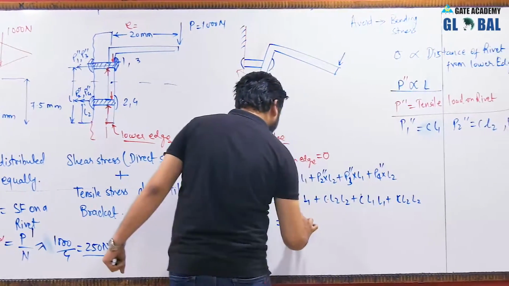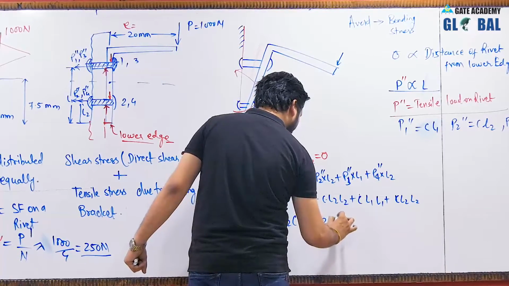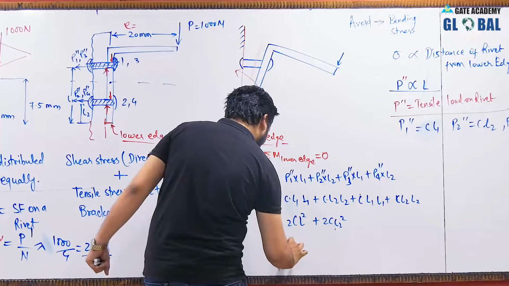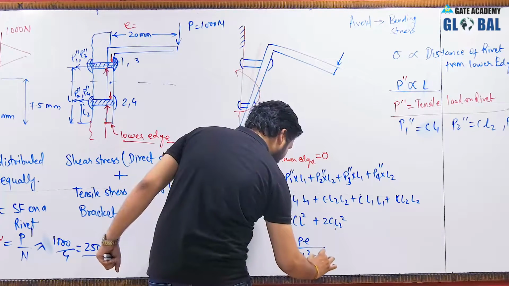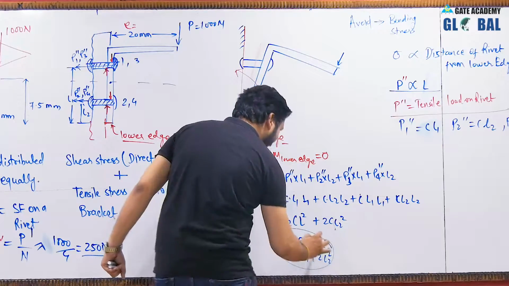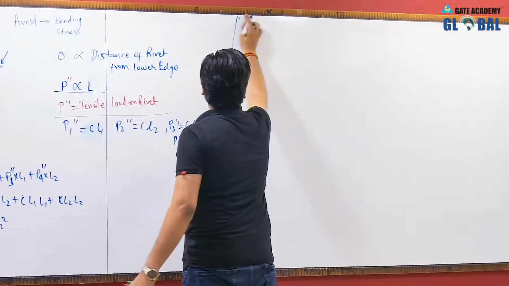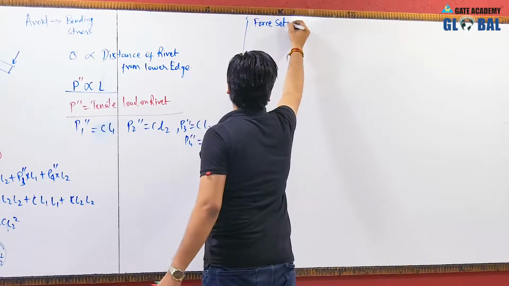So this will be 2C into L1 square plus 2C into L2 square. From here we can have the value of C as P into E divided by 2 L1 square plus 2 L2 square.